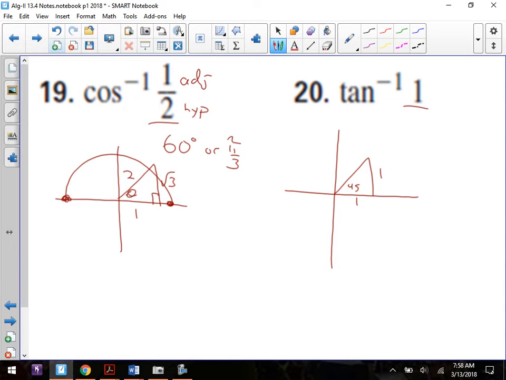And I drew that up in the first quadrant because it said what angle has a tangent value that's equal to positive 1. If tangent was negative 1, then I would have drawn it in that fourth quadrant. So this has to be a 45-degree angle or pi over 4. Okay.